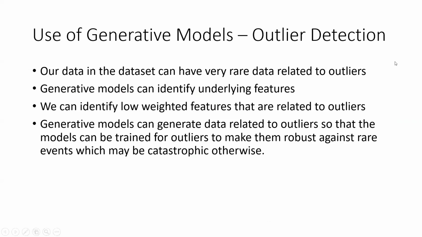And when it comes to detecting outliers, that is another benefit you can get from generative models. For example, you may find that your dataset doesn't contain enough outliers to train for the edge cases.